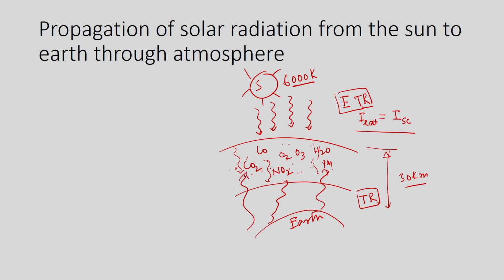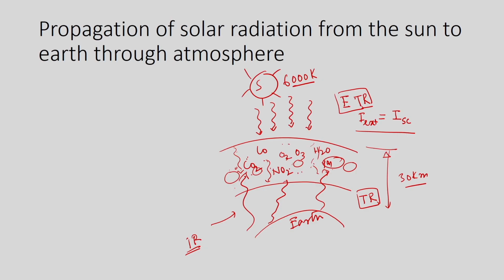Okay. So, this long wave radiation is something called infrared radiation. This long wave radiation is reflected back from the earth surface and it is retained in this earth atmosphere, which contributes to heating up of the earth atmosphere.